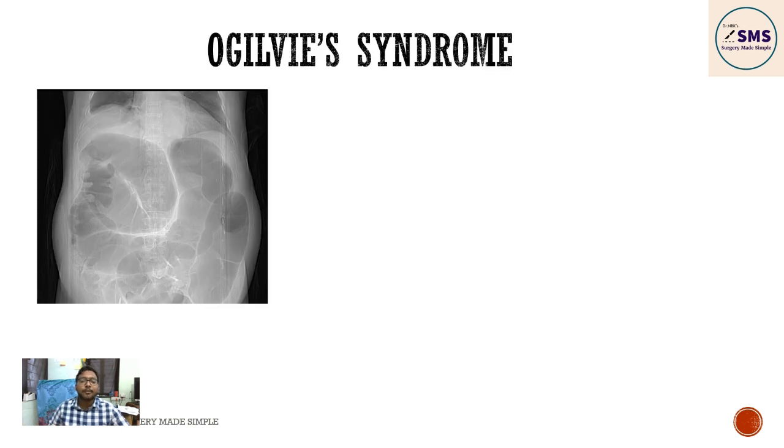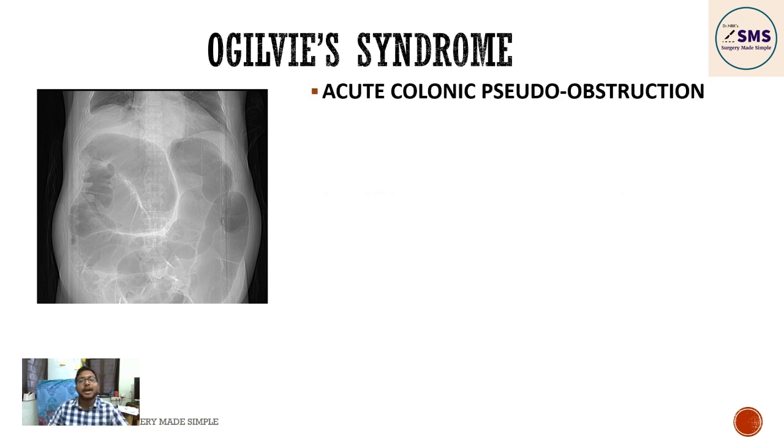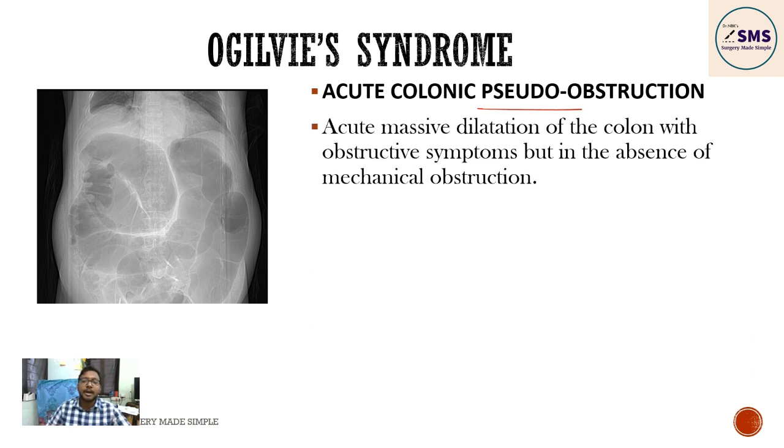Okay, now the next one is Ogilvie syndrome. This is otherwise called acute colonic pseudo-obstruction. Why pseudo-obstruction? Basically, this obstruction is not because of any mechanical cause. Then why is it happening?